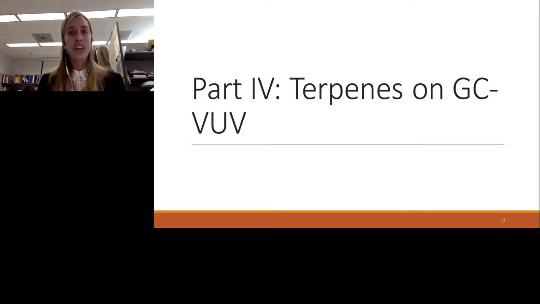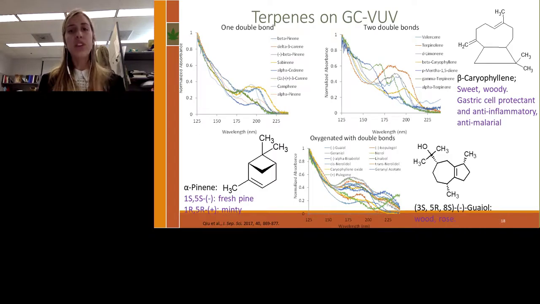And now for the last part of our research project, we examined the different terpenes that we can find in cannabis on GC-VUV. Well, actually not all of them, but we just chose a handful set of them. And first of all, I want to highlight, even in the case of terpenes, just like with cannabinoids, you can already pretty much group the terpenes into different classes based on their absorbance spectra.